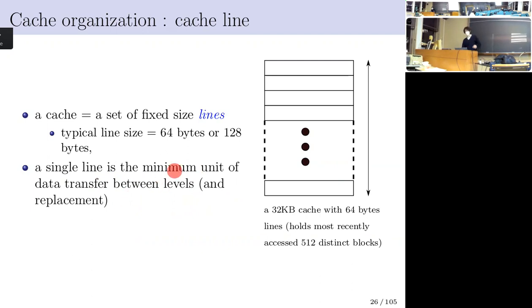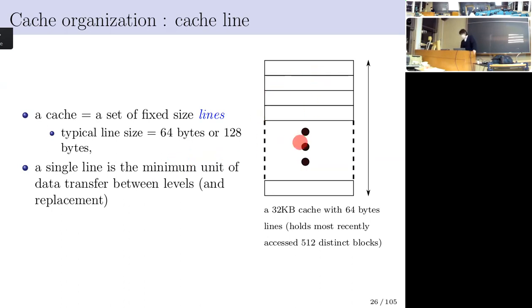When you access a single byte of data, it still brings in the entire 64 bytes containing that byte, and the entire 64 bytes will replace some 64 bytes in the cache, the least recently used line.